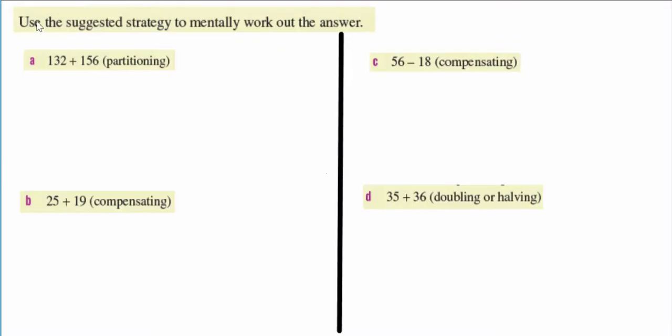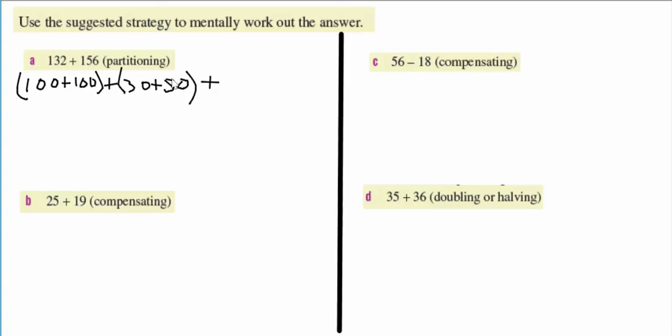Let's do a couple of examples. Use a suggested strategy to mentally work out the answer. So partitioning, that's where we break it up. For this first one, I'd say, okay, I've got 100 there and 100 there, so I'm going to add my 100 plus 100, put them in brackets so they are separate. Then I'm going to add my 30 and my 50, brackets again, 30 plus 50, and excuse my writing, it is very messy using this tablet.